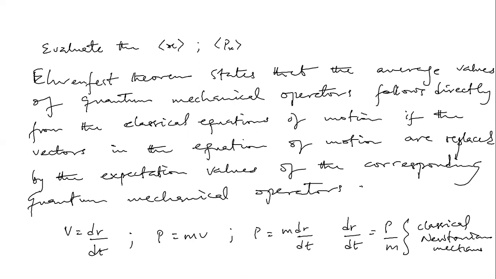But what Ehrenfest now postulated is that this is going to be the same in quantum mechanics. Should we take the average value of the position, that is the first time derivative of the expectation value, it should be the same as the expectation value of the momentum divided by the mass.